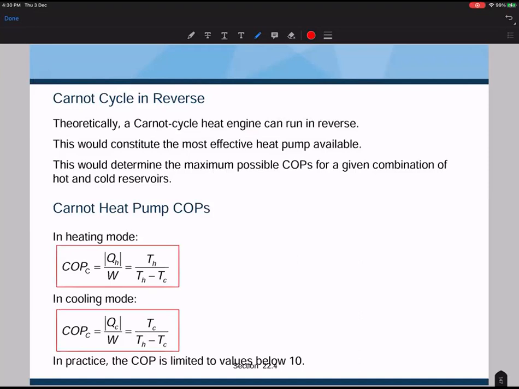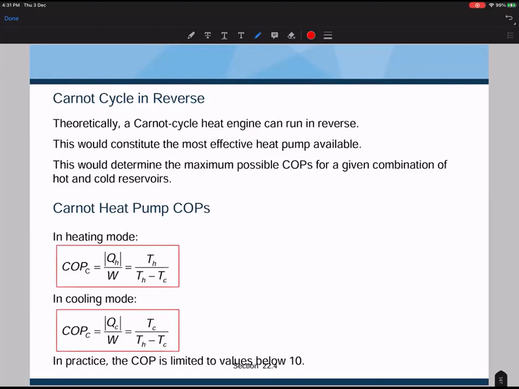And here we also briefly mention the Carnot cycles operating in the refrigerator mode or in the heat pump mode. This is just mentioned here for your reference, and we will not put it in the examination.